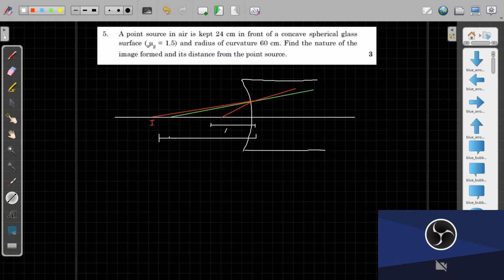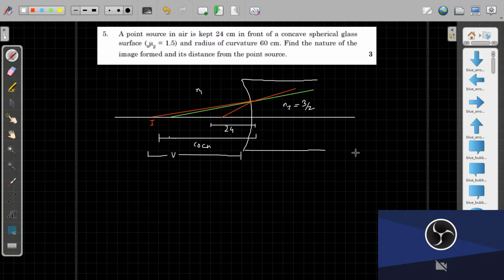So this is given 24 centimeter, this is given 60 centimeter. We need to find where is V, how far is V. This is N1, this is N2, and N2 is glass, so it is 3/2.